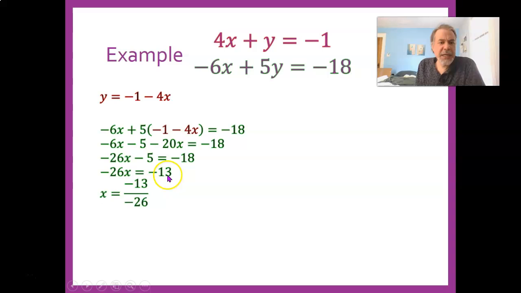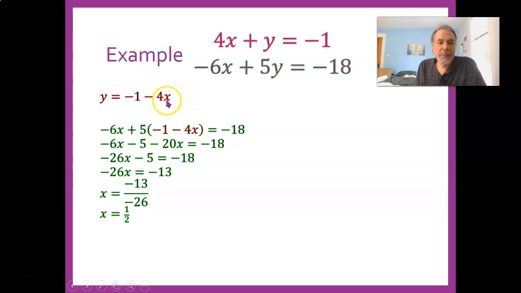So x becomes negative 13 divided by negative 26, and a negative divided by a negative would be positive, and that comes out to be, well, it's not a whole number, it's a fraction, but in lowest terms, it would be 1 over 2, 1/2. If you did that on a calculator, it would probably give you 0.5 in decimal form. So you can write it either way. x is 1/2 or 0.5.